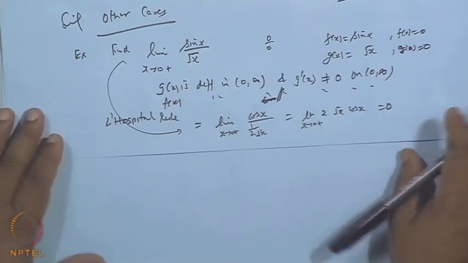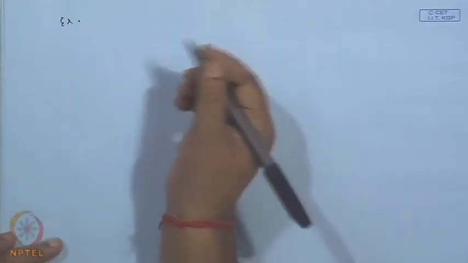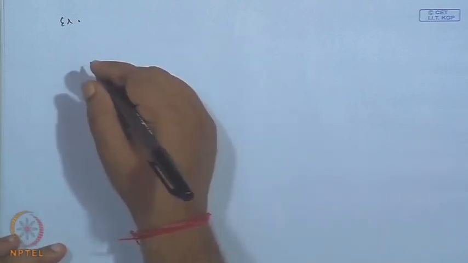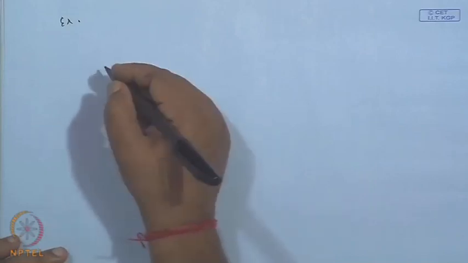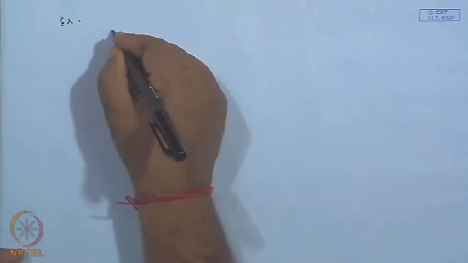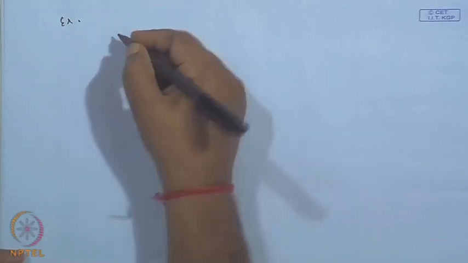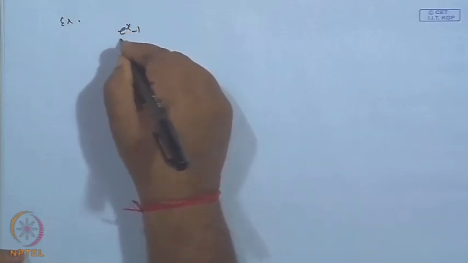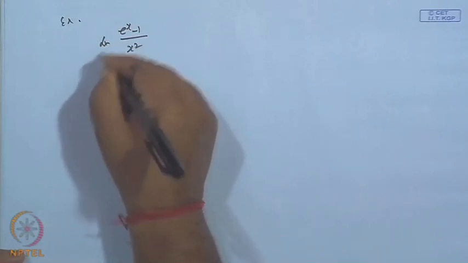So, the answer is 0. Another example, suppose I take this example: limit of e to the power x minus 1 minus x over x square as x tends to 0.